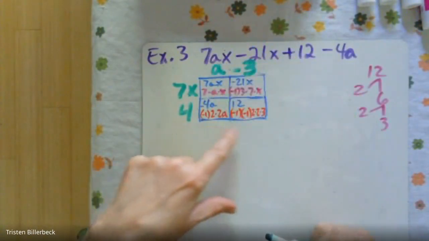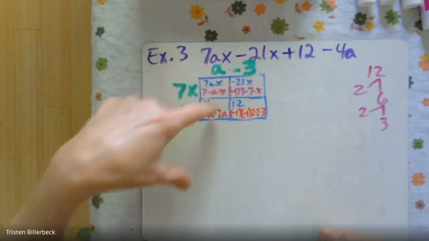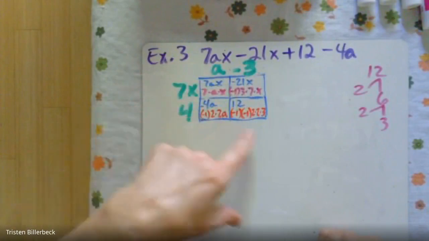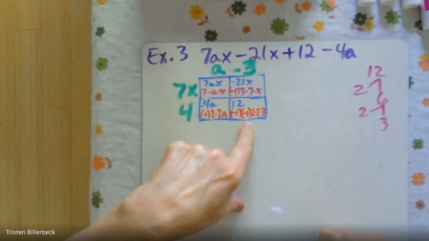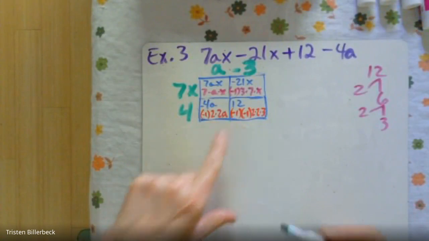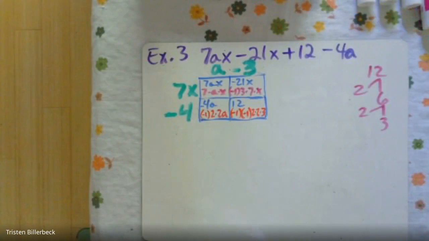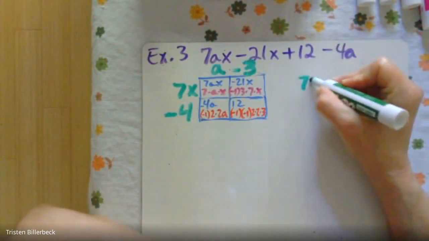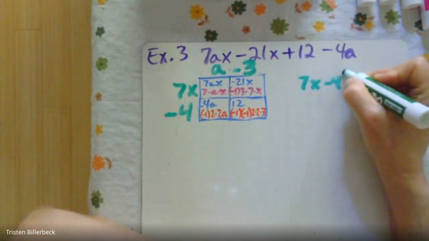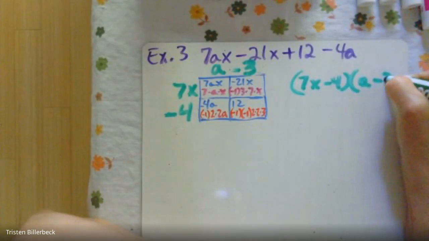But now we need to go back to this one because we changed this once we realized this diagonal was a negative negative and this was a negative times negative. So we see that they not only have 4 in common, they have a negative 1. So that means that this one should factor as 7x minus 4 times a minus 3.